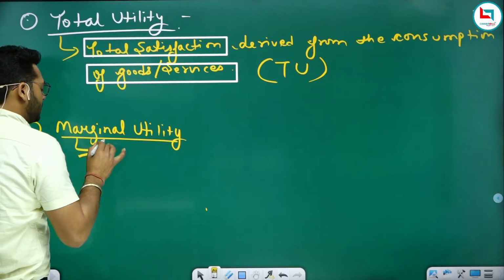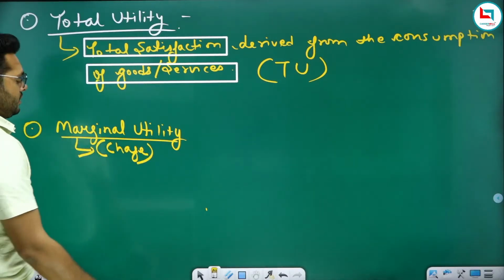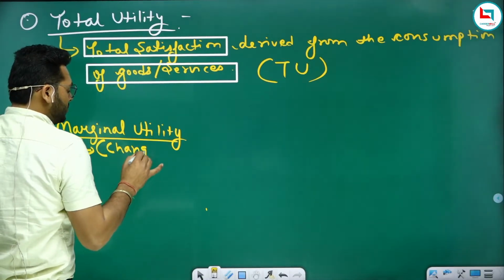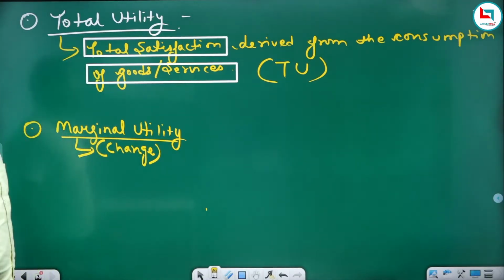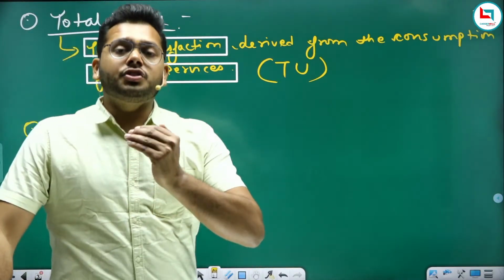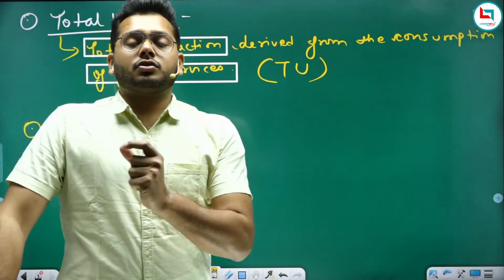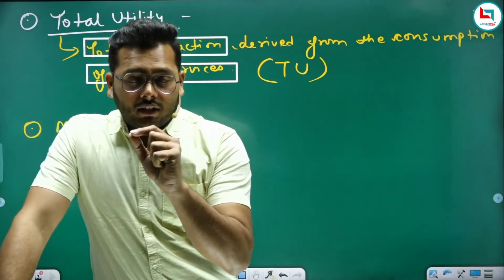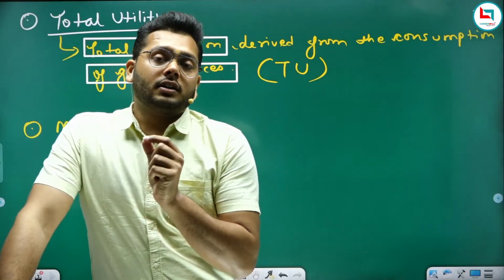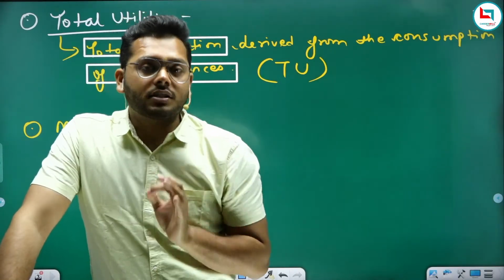Marginal means any change or any additional you are getting. So after the consumption of any additional unit of any good, from that additional unit you will definitely get a satisfaction.